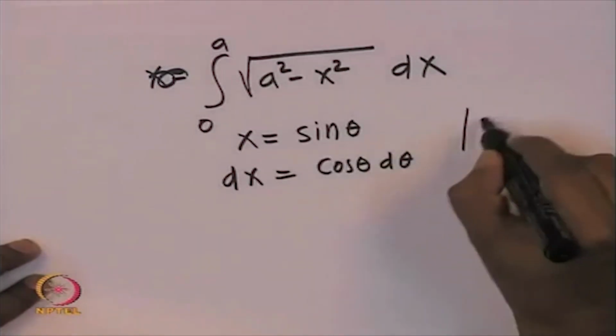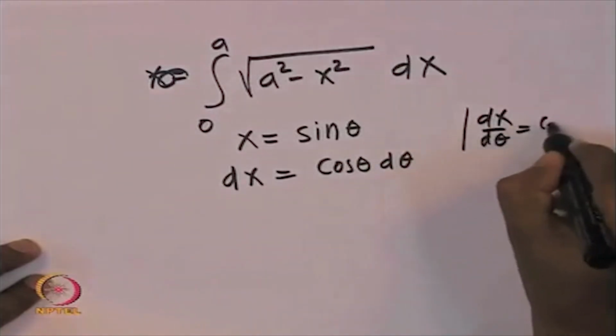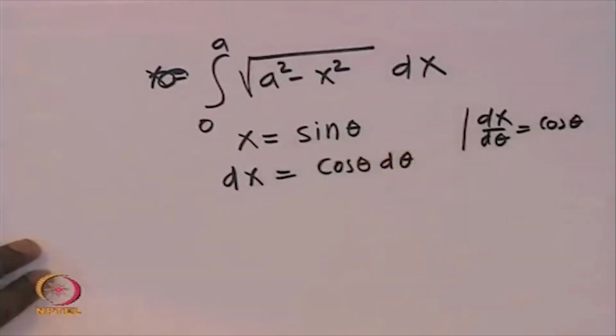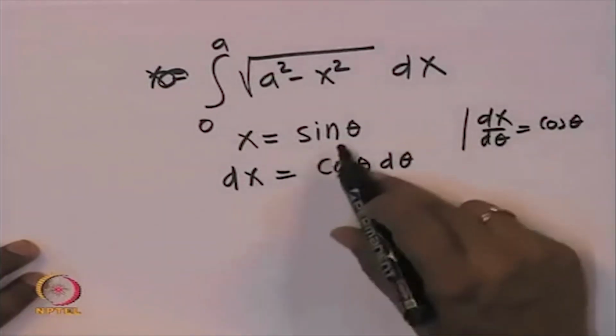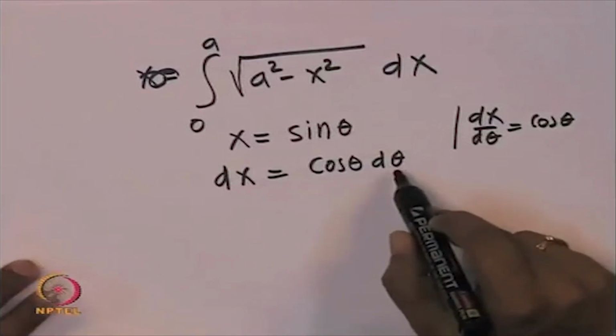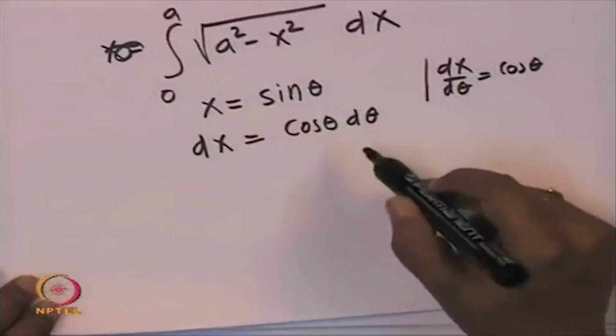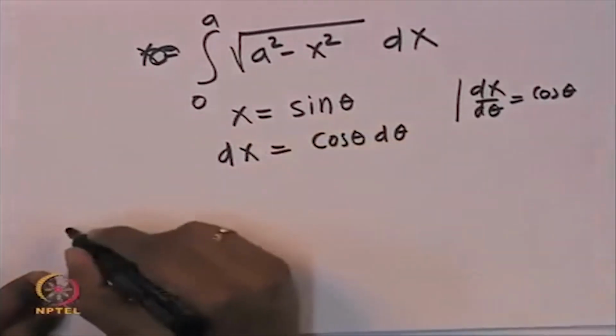It is clear that if x is equal to sin theta, dx by d theta has to be cos theta, since sin theta has the derivative cos theta. So dx is equal to cos theta d theta. Now we can rewrite this integral.